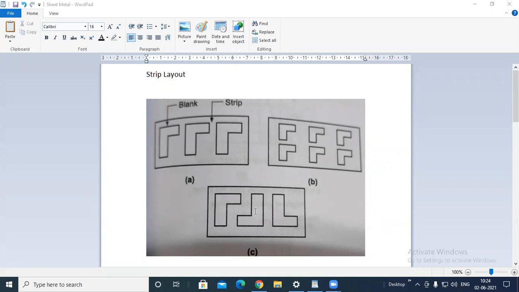Here the distance between the blanks and the distance between the blank and the edge is another important consideration.